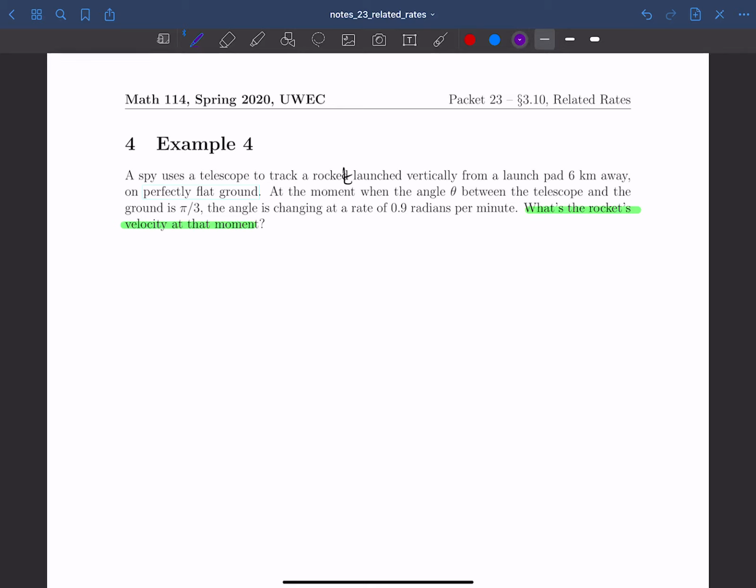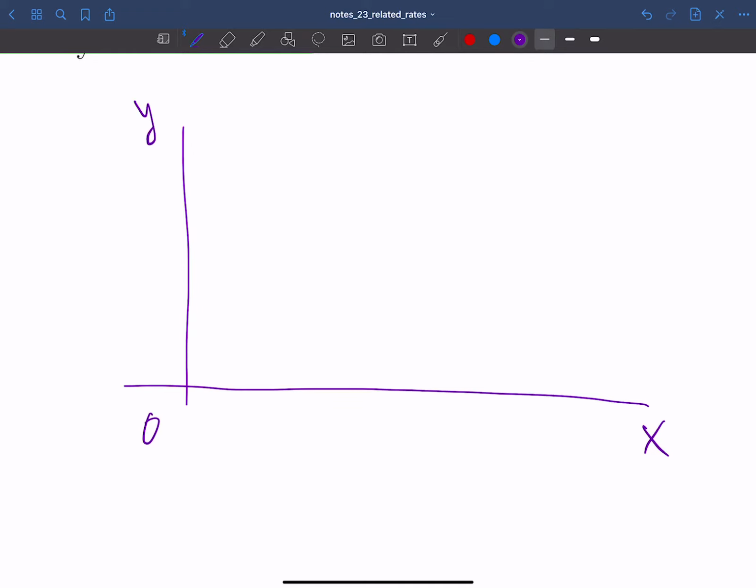So, let's draw some coordinates. Let's put 0 here. Let's call this x, and let's call this y. Let's put our spy here, and they've got a telescope. Let's put that telescope here.